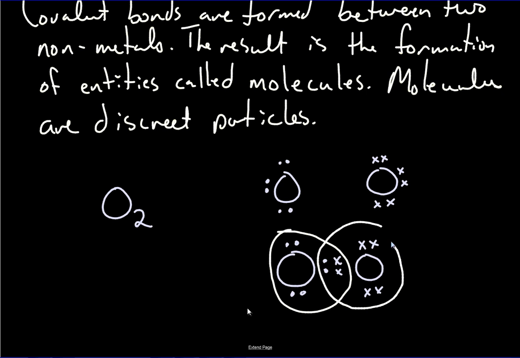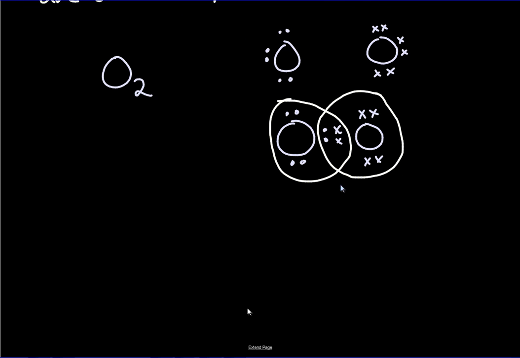So now each of these, if they share 4, ends up with the total amount that they need around them. But if you look, we're now not sharing 2 electrons, but we're sharing 4 electrons.